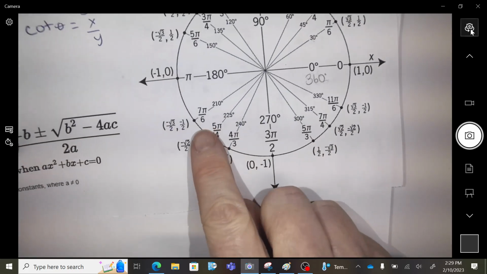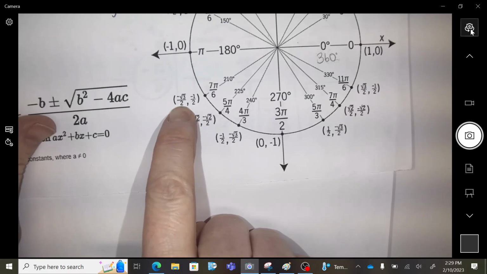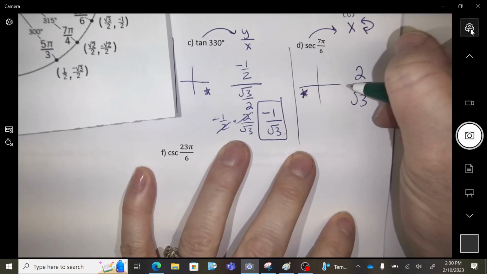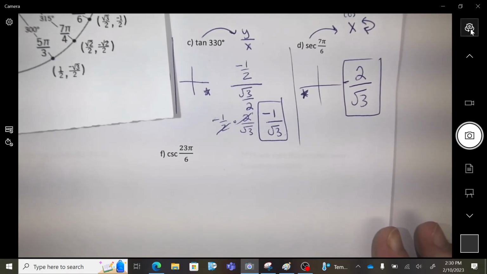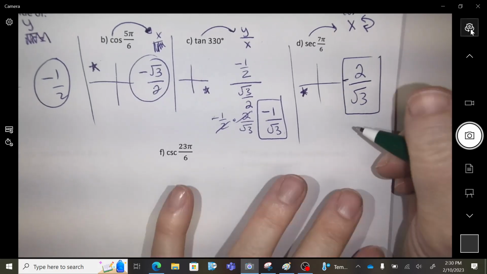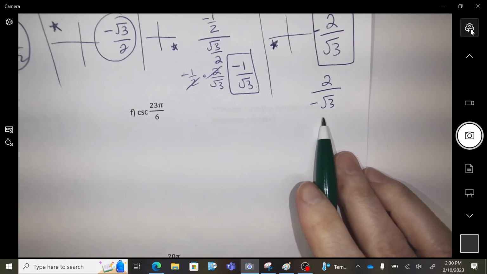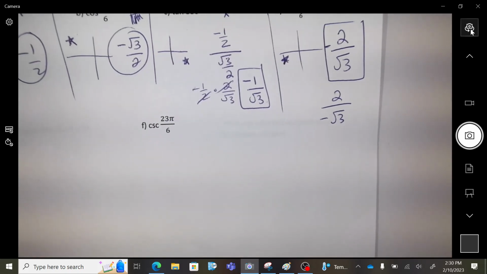So on my unit circle, this is x, and then I need to flip that. 2 over root 3. And there's a negative involved. I usually just put the negative on the top no matter what. It's not wrong if you wrote me this. It's just a math thing that you would never write the negative on the bottom. You usually bring it to the top.